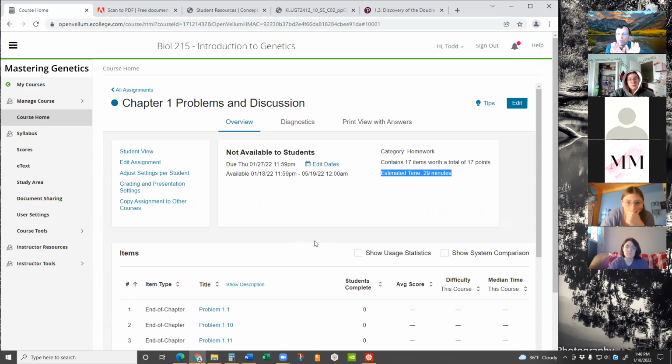Okay, so the most important thing is that for Thursday, you get access to Mathematica. And for Thursday, you definitely have an account with Mastering Genetics, and you're identifying how to access your textbook and start your homework assignments. Okay, that's really the most important things that have to happen for Thursday.